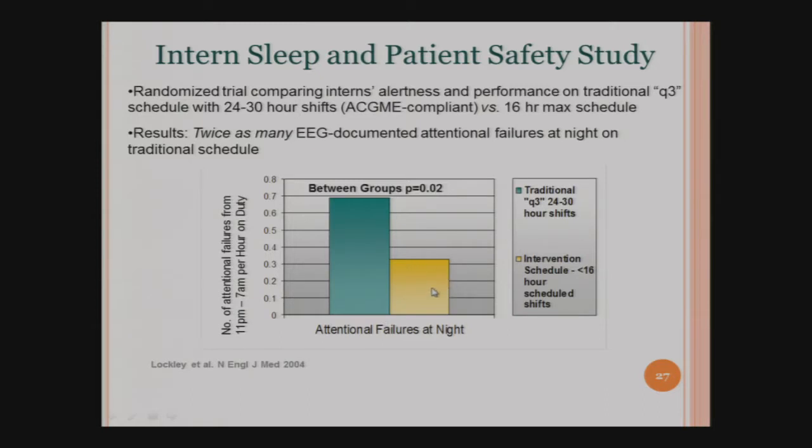And in the yellow bar are interns who had shifts that were less than 16 hours, like how we have our work hour restrictions now. You'll see that on EEG, there's a greater number of attentional failures in interns who had the longer shifts compared to the interns who had the 16-hour work restriction.